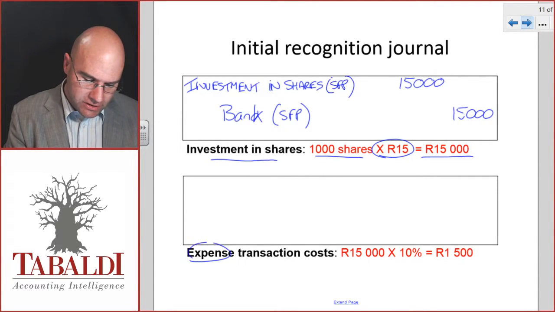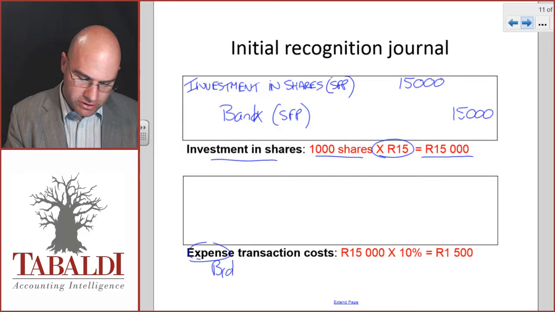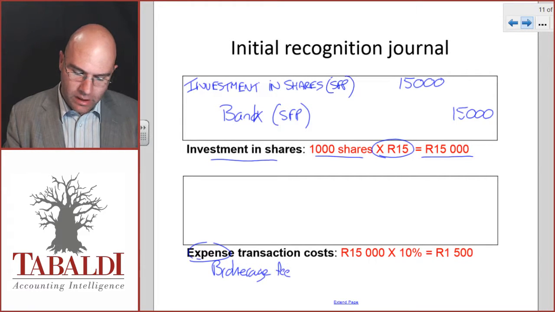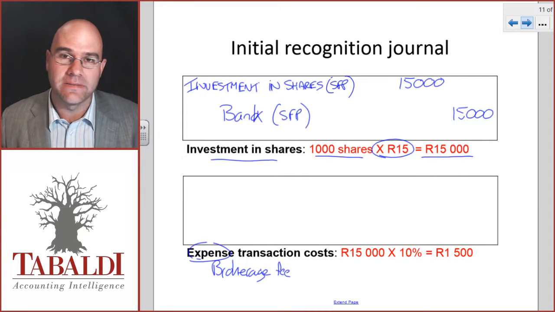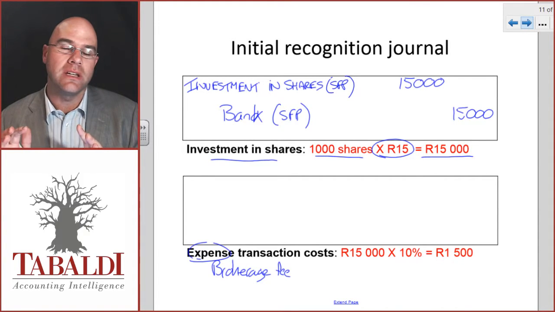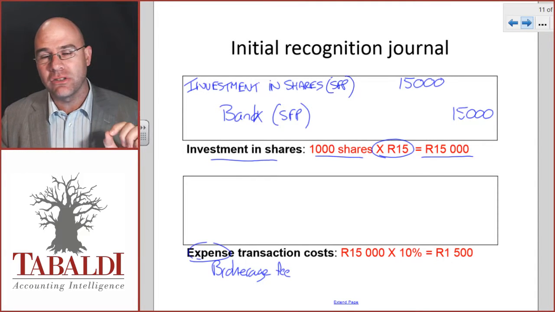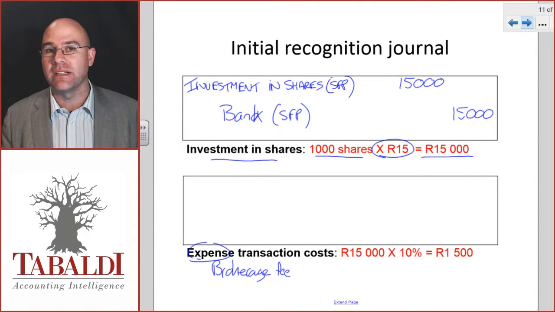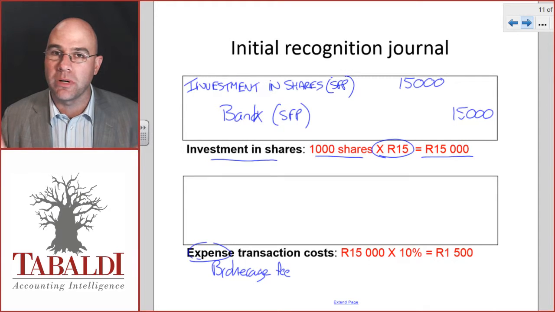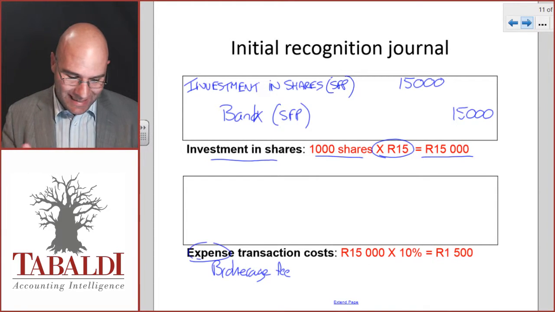Then the transaction costs, the brokerage fee. Now you'll see with most financial assets, funny enough, you end up adding this to the value of the asset. But when it is a financial asset that is speculative in nature and it's classified as fair value through profit or loss, you will always expense it.